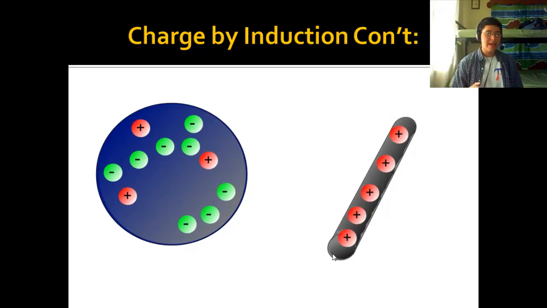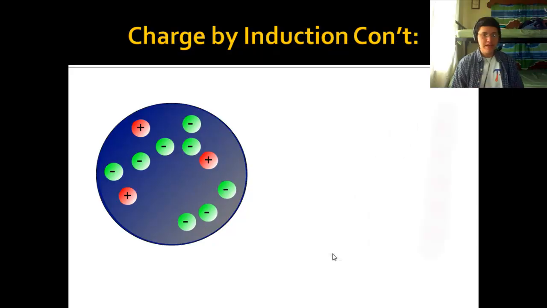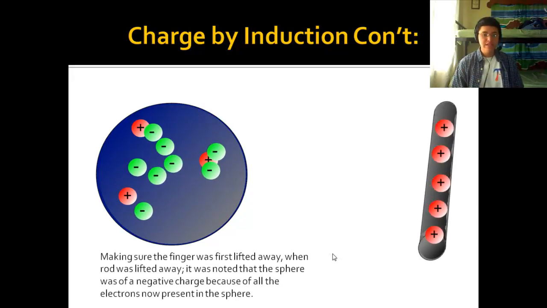Making sure that the hand is first moved away, as the rod is lifted, it is noted that the sphere turns into a negative charge because of the excess of electrons now present in the sphere.